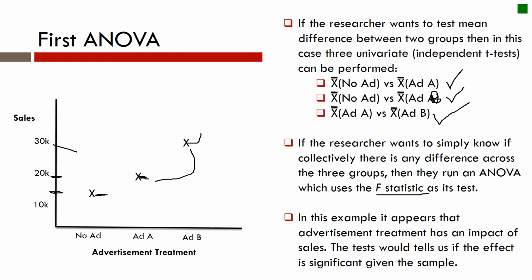Again, univariate tests or independent t-tests dive a little deeper than the broader F statistic in ANOVA, and tell us what's going on underneath the surface.